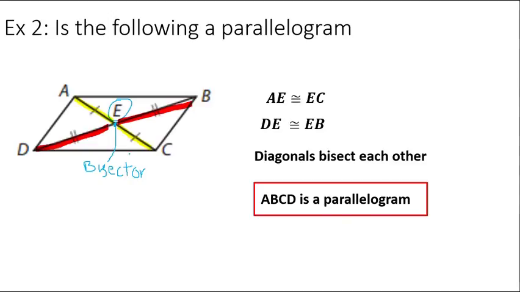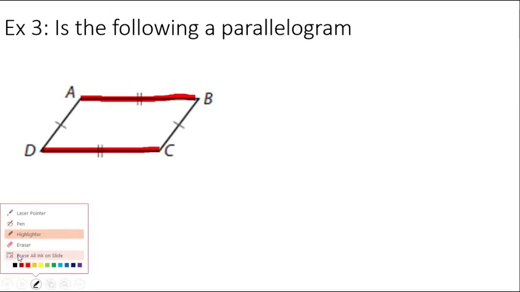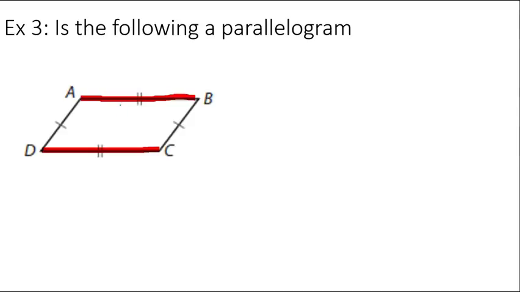Okay, so example 3. This time we're asking, is the following a parallelogram? If you look at the markings they give us in the shape, it says that AB and DC are congruent to each other, and they're opposite each other.